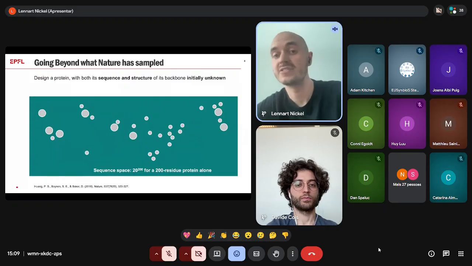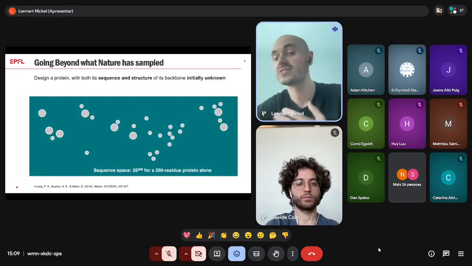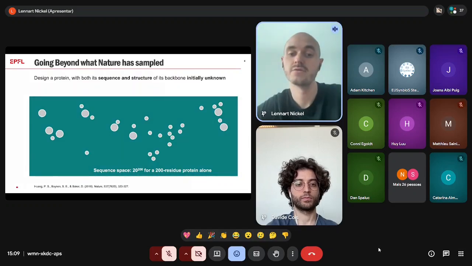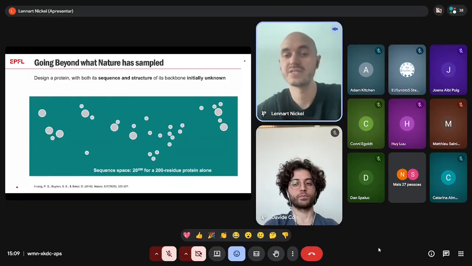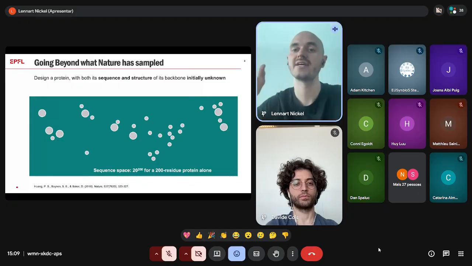For us as humans, it's very interesting to explore the space beyond what nature has done. If you think about how big the space of a potential protein of 200 residues is, you will very quickly realize that nature found a solution and then explored the space around it.